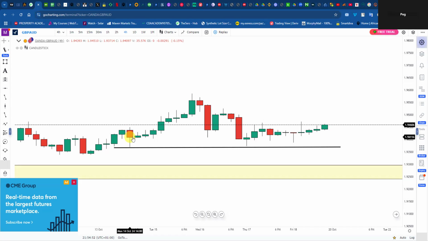But this candle is not bearish because if you look at the range of this candle from the top to the bottom, more than half of it is bullish. From this bottom, this tail here is bullish pressure. This wick on top is bearish pressure.